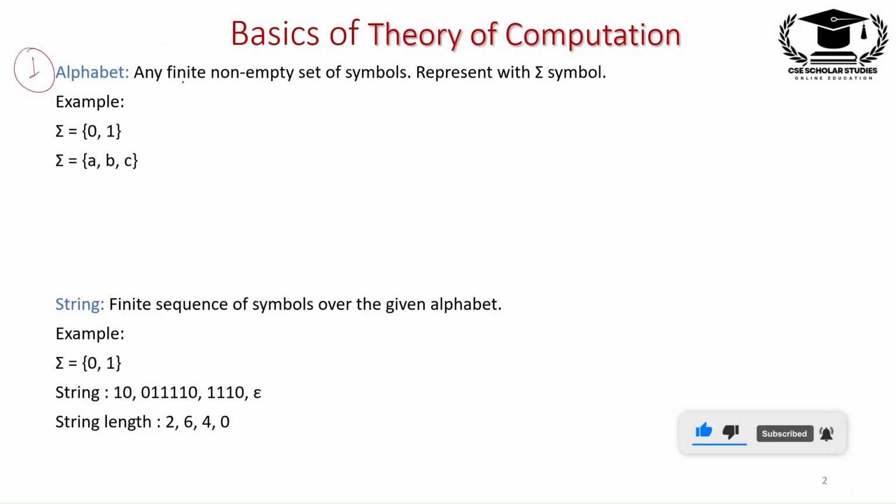It is a finite non-empty set of symbols and it is represented with the sigma symbol. What are the symbols? Any symbols, suppose A, B, 0, 1. It is finite, which means it will never be infinite.